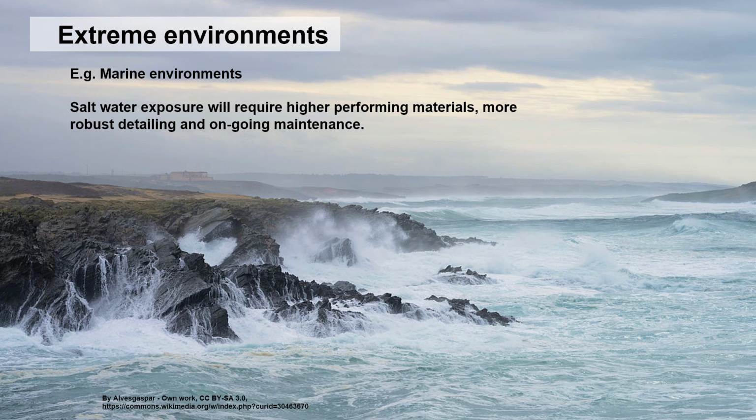We'd be looking at stainless steel for screws and fixings, other exposed metalwork. We'd probably be looking at maybe upgraded windows that could deal with storms that could come off the sea. We might look at details of the building that make ongoing maintenance easier. So recognition of that location would change the way that we design the building, would change the way the building looks, and would dictate how the materials were specified.